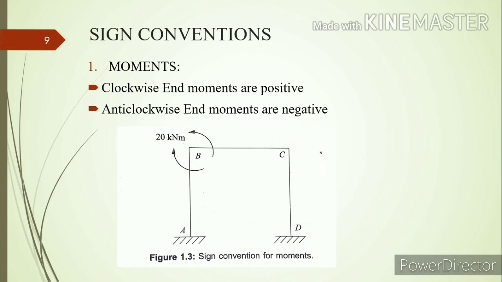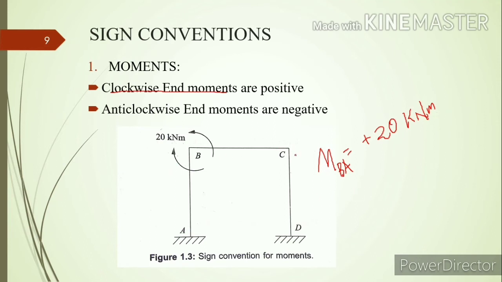The final moment about the member BA is 20 kilonewton meter. What about the direction? Here the moment is in the clockwise direction. So clockwise end moments are taken as positive, so MBA is plus 20 kilonewton meter.